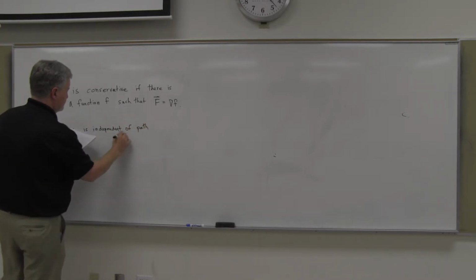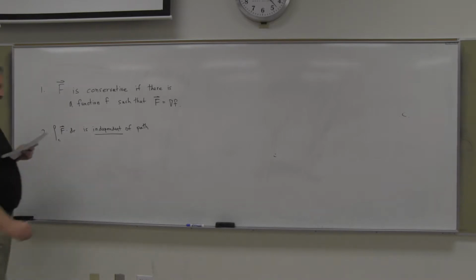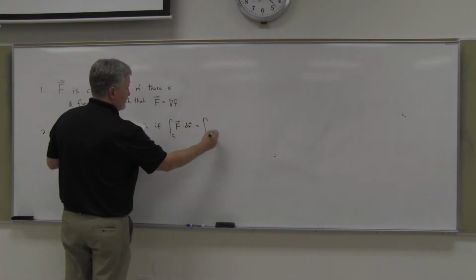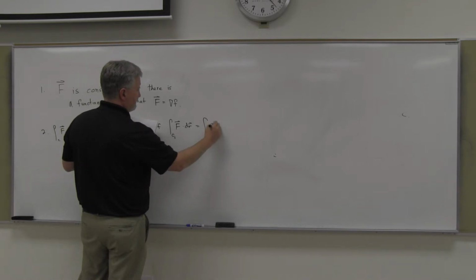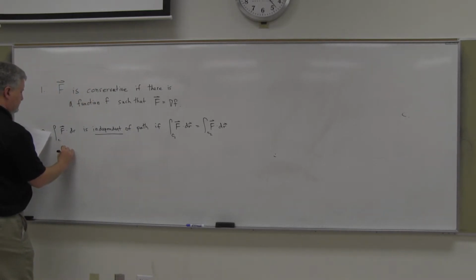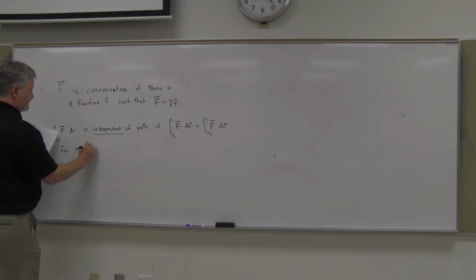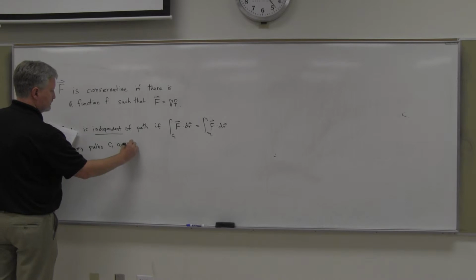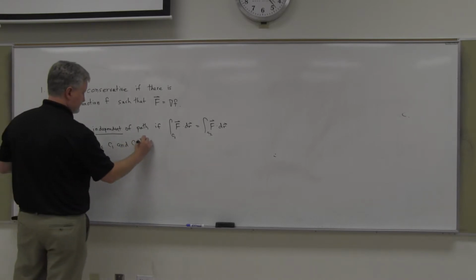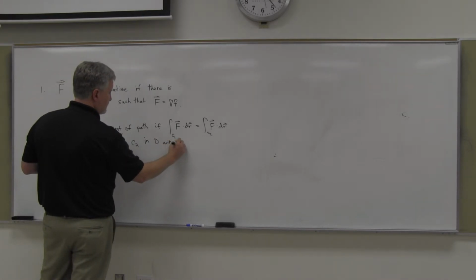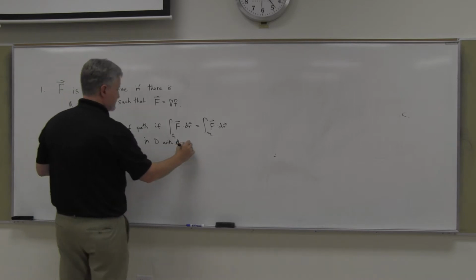So this is a new word here. If the line integral over C1 of F dot dr equals the integral over C2 of F dot dr for any paths C1 and C2 in D, the domain, with the same initial and terminal points.